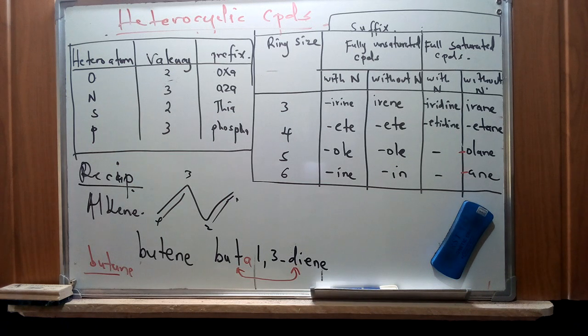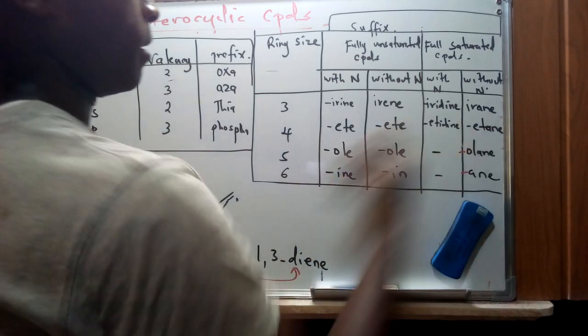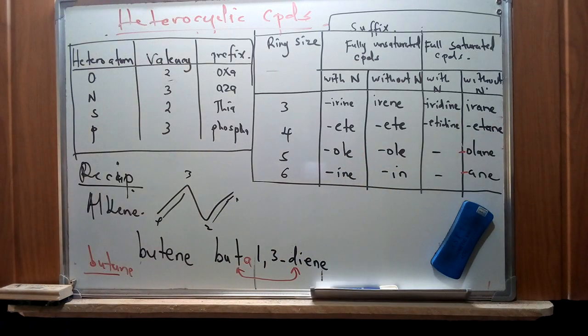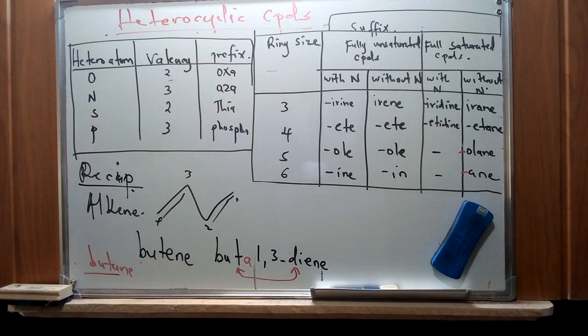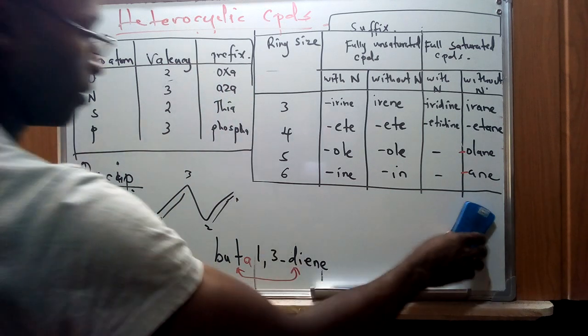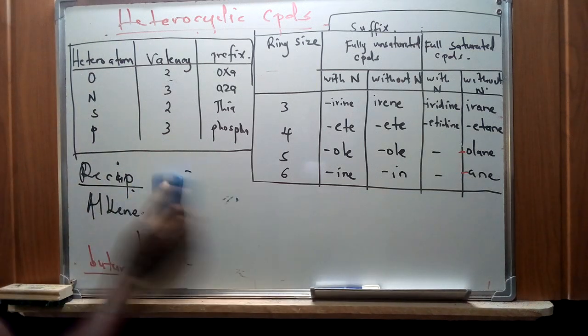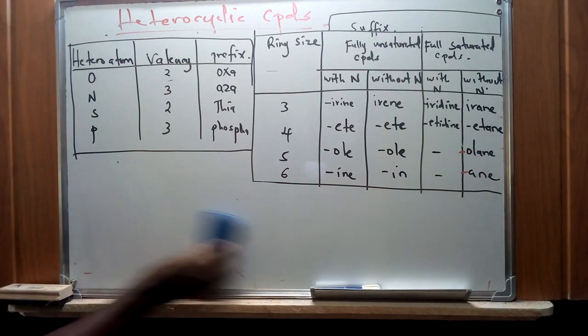So that's why in this statement, it stated that when the name contains vowels that come together or consonants that come together, then, because the prefixes and suffixes are made up of vowels, if the two vowels come together, then we're going to drop the A that comes at the end of these prefixes of the heterocarbons that we've discussed. So we're going to demonstrate that one using an example so that we can understand.